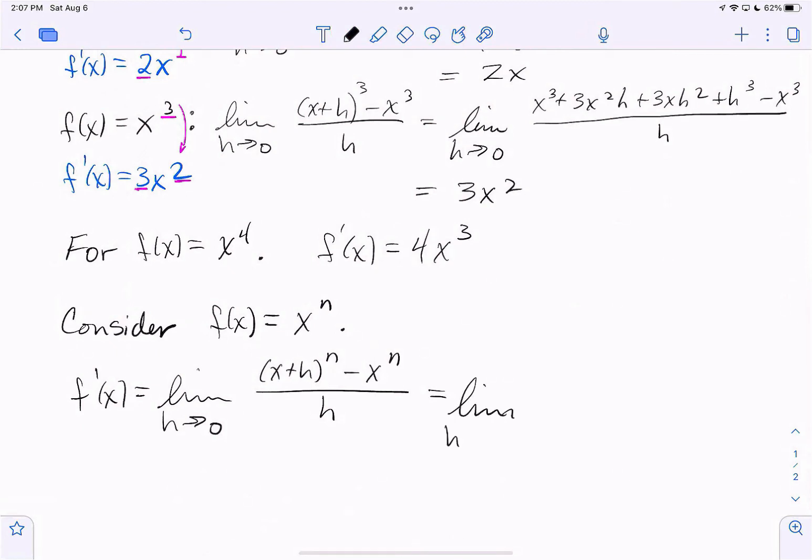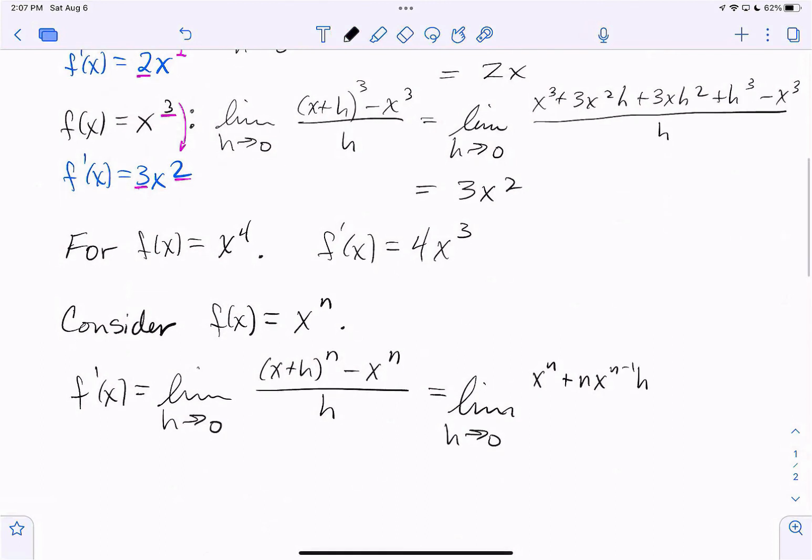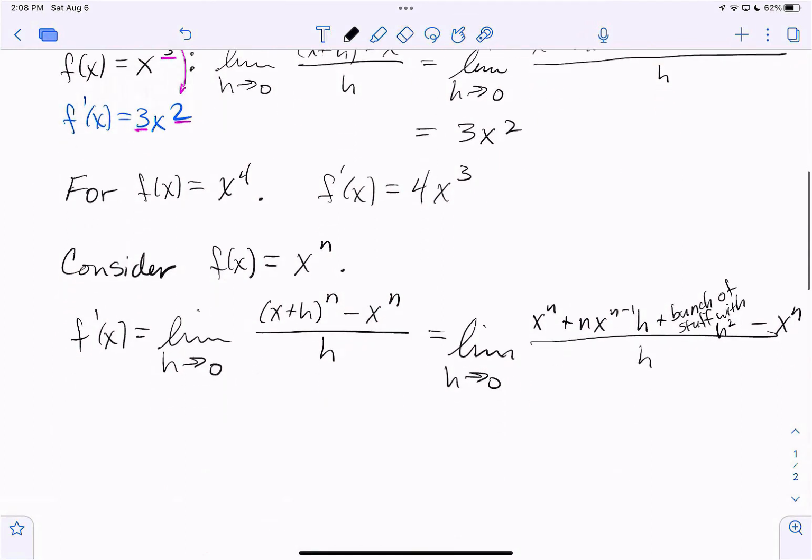We have the limit as h approaches 0 of x to the n plus nx to the n minus 1 h plus, now if you check out the binomial theorem, you know the rest is a bunch of stuff that all have at least h squared in them. I'm going to move on. Minus x to the n, right? That was the last term in the numerator, all divided by h.